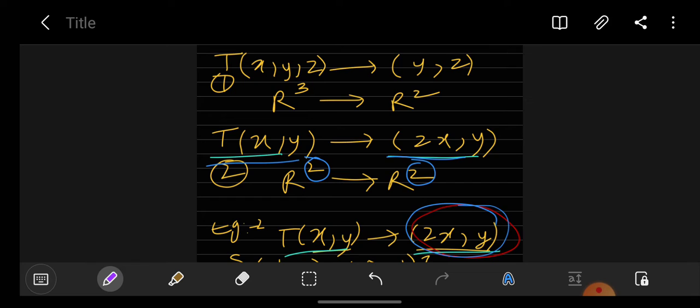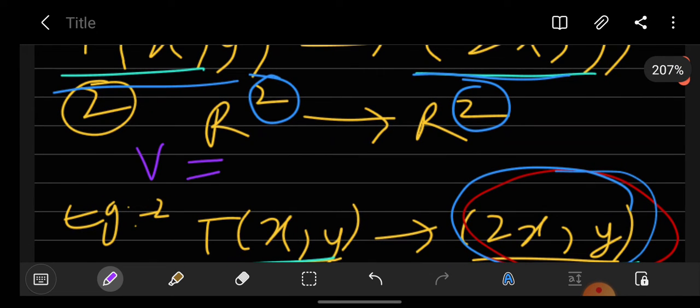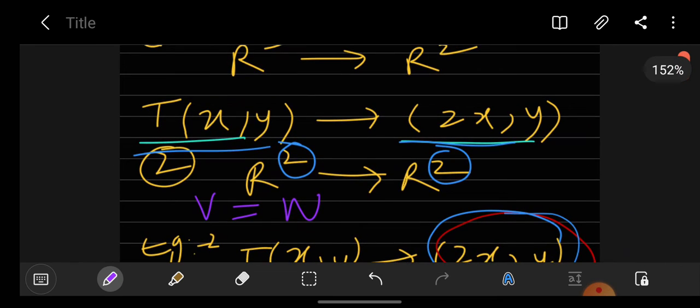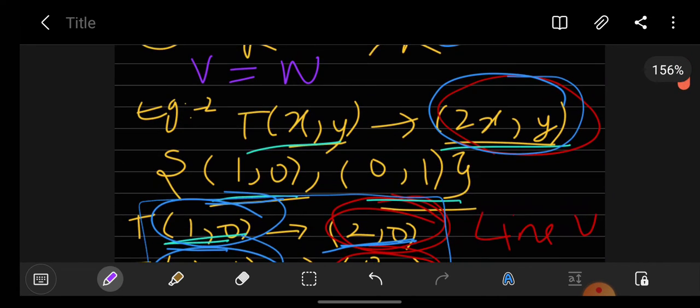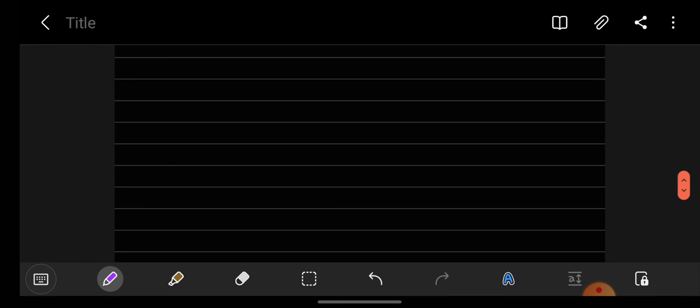Let's suppose your dimension is equal. If your dimension is equal, you get the linear mapping and you get only one basis. In this situation V is equal to W. What does V equal to W mean here?